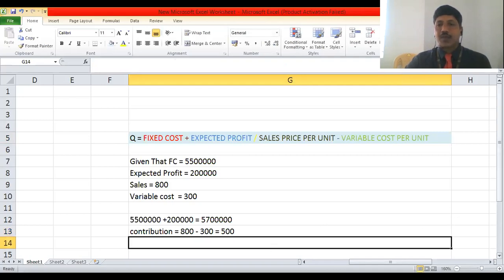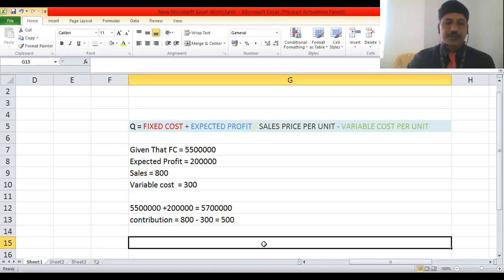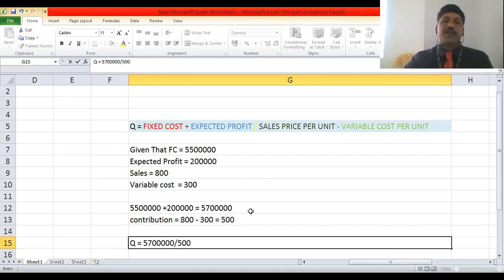Now to find out the quantity, it is equal to 57 lakhs divided by 500.